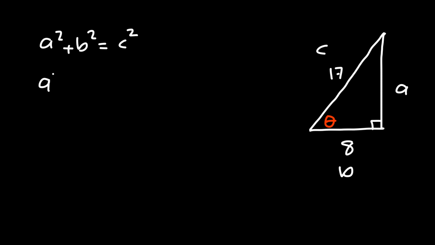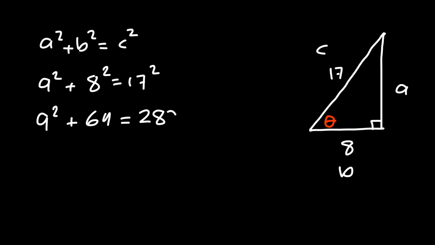So a square plus 8 square equals 17 square. So this is a square plus 8 square is 64, equals 17 square is 289.